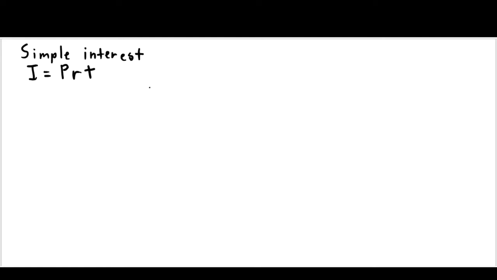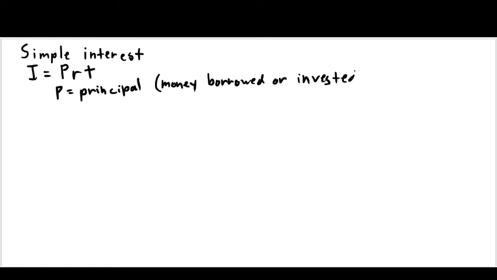Where P is the principal. Principal is defined as the amount of money borrowed or invested. R is the interest rate.